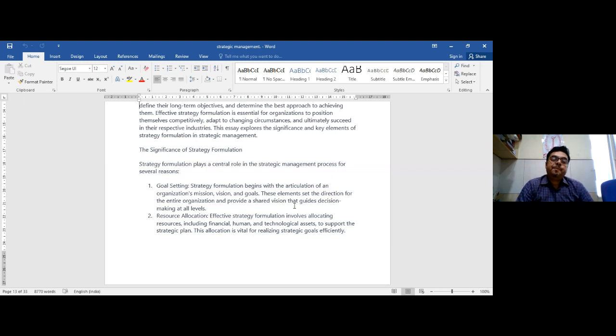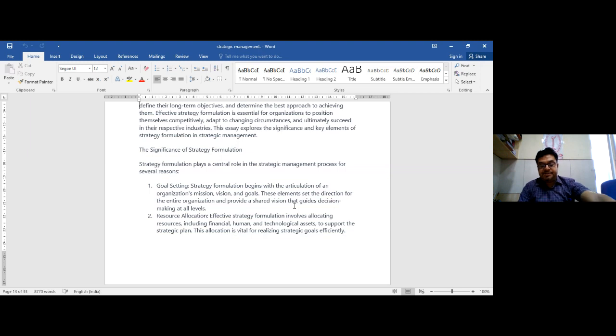So the resource allocation has to be done when we decide upon the functional strategy. Now, the next topic that we have in terms of functional strategy is production strategy, supply chain strategy, marketing strategy, and the HR strategy.